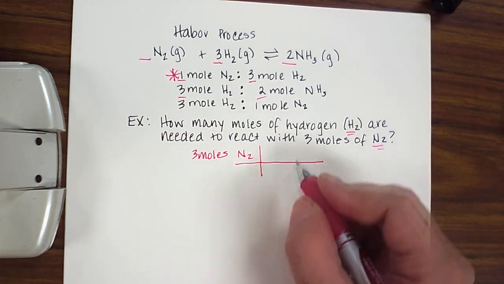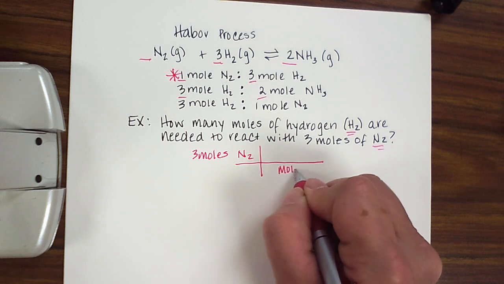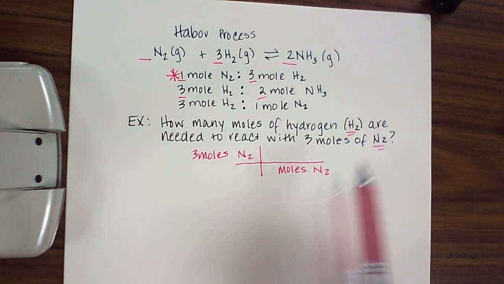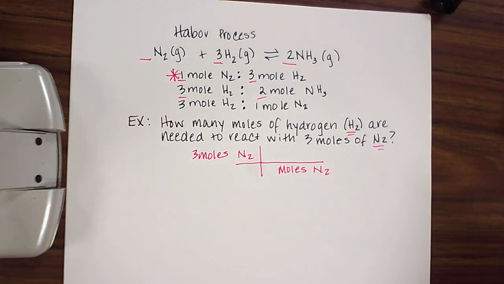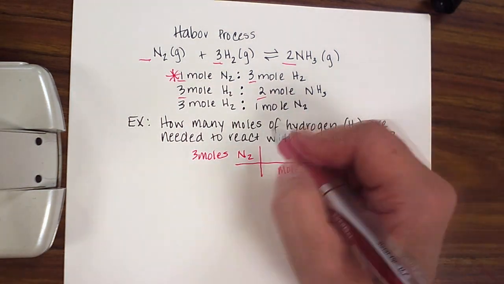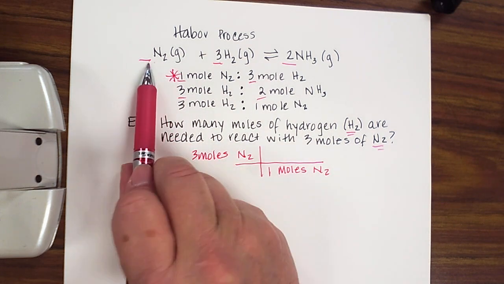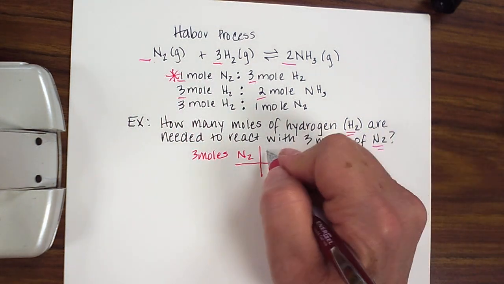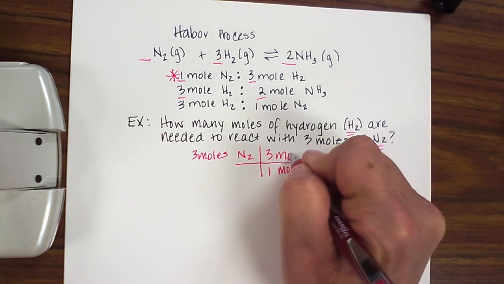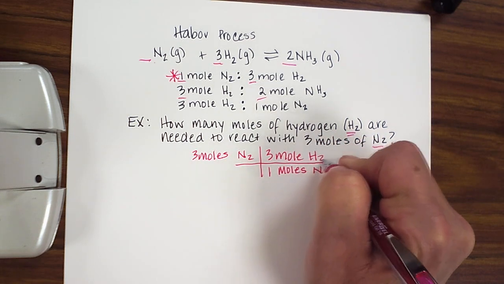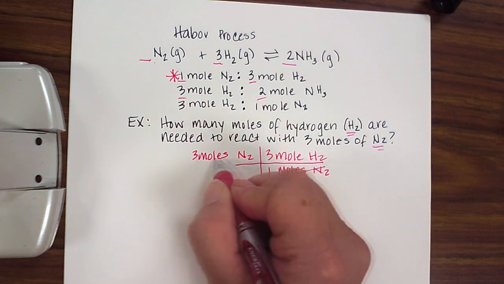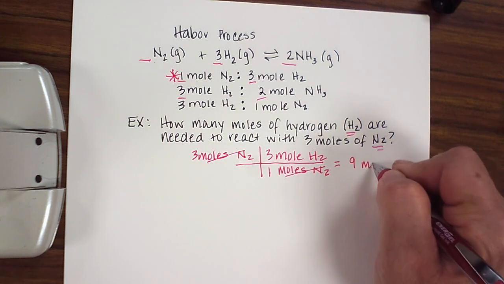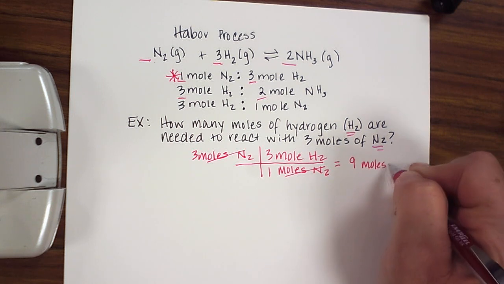And what goes down? Moles of nitrogen. And I'm going to switch from nitrogen to hydrogen using the molar ratio. So for every 1 mole of nitrogen, I need 3 moles of hydrogen. So that's my ratio, 1 to 3. Canceling this out, I get 3 times 3 is 9 moles of hydrogen are needed.